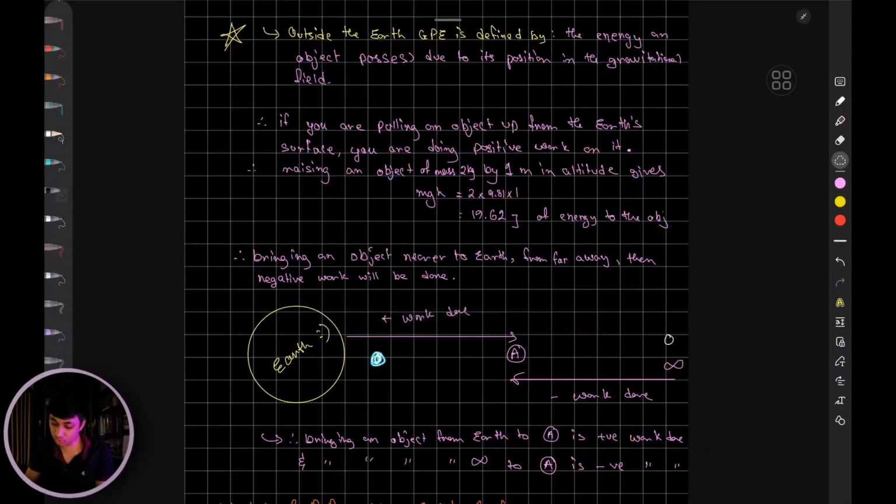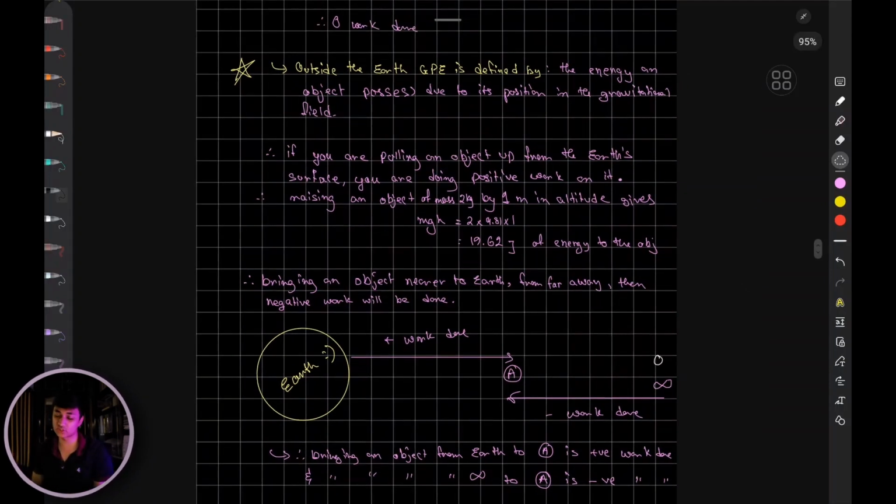If it is near the Earth's surface, it's going to have a specific potential energy. If it is farther away from the center of Earth, it will have a different potential energy. Therefore, relative to its position, it's going to have different gravitational potential energy.